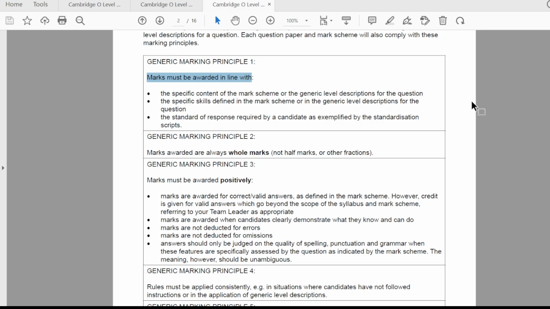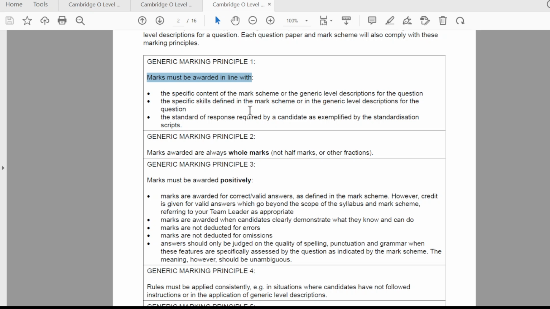Right, so the marking scheme for each question has the expected answer, or there's a generic level descriptor, which is for the writing sections, the summary, the composition, the directed writing. So they have level descriptors of how well a piece is written and how well it fulfills a task, right? And so those are the generic level descriptors. So that's how marks are given.